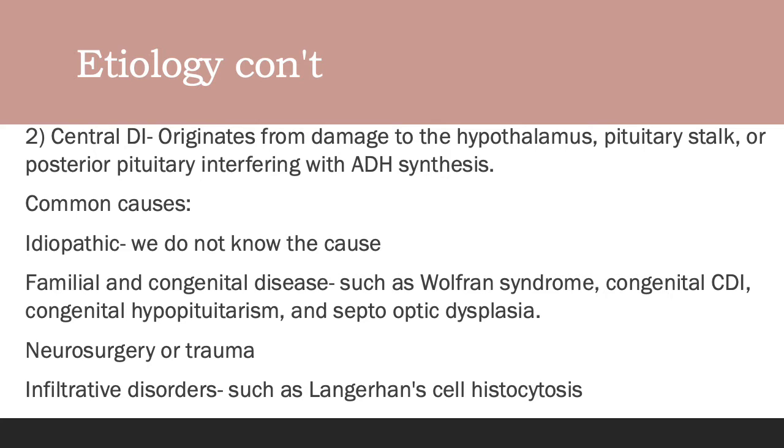It could be due to familial and congenital disease. Some of them are Wolfram syndrome, congenital central diabetes insipidus, congenital hypopituitarism, and septo-optic dysplasia. Also, neurosurgery or trauma to the posterior pituitary and hypothalamus specifically. And then infiltrative disorders such as Langerhans cell histiocytosis.